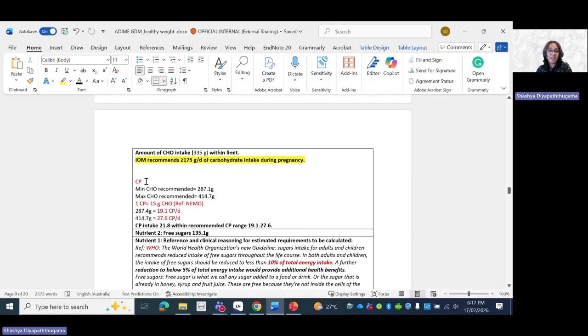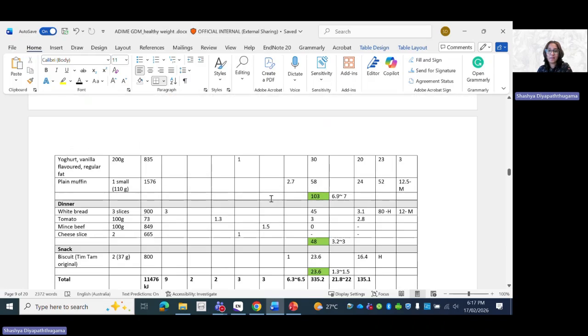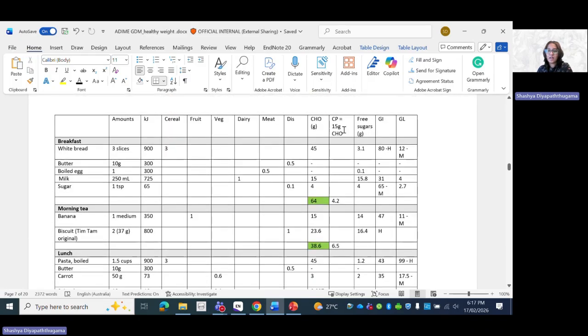Then I have also calculated the carbohydrate portions. If you go up here in this table, 1 carbohydrate portion is equal to 15 grams of carbohydrate. So I've calculated the carbohydrate portion, simply dividing the total carbohydrate value by 15.